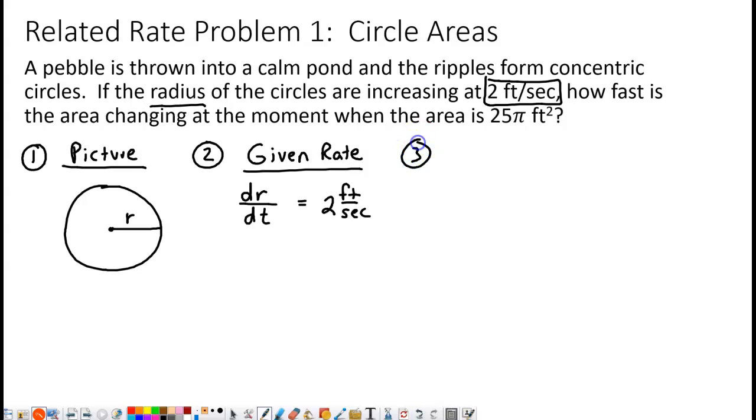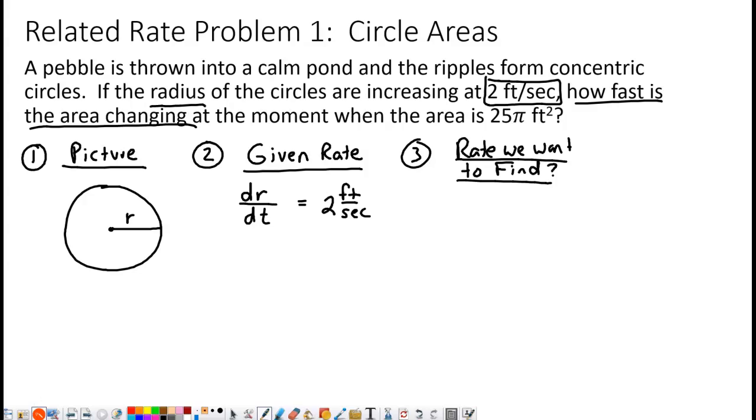Step 3 is you want to identify the rate that you want to find. So in other words, what rate are they asking us to figure out? Well, let's read it some more. How fast is the area changing?